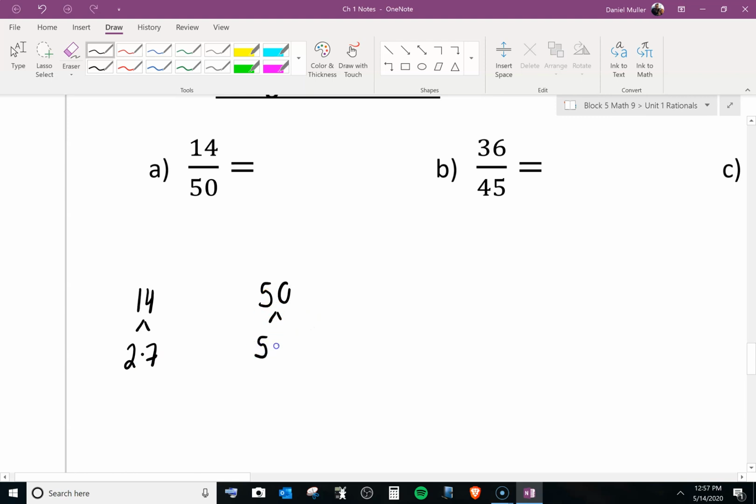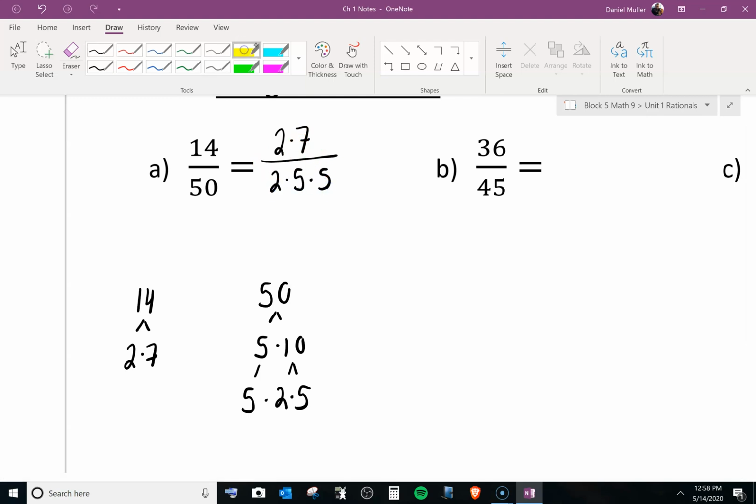I like this one because this is a 10, so a 5 and a 10. And this 5 can get carried down, and this 10 can be a 2 and a 5. So we rewrite 14 as the product of the primes, 2 and 7. And then we write 50 as 2, 5, and 5. So I just copied this up here, and then I copied this down here.